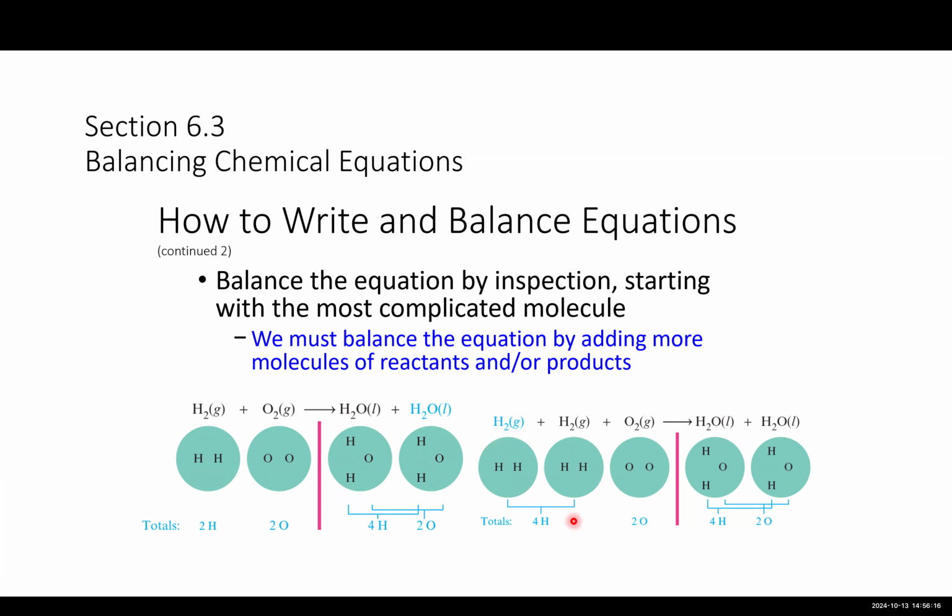So then there are a total of 4 hydrogen and 2 oxygen in the reactant side, and 4 hydrogen and 2 oxygen in the product side. So the numbers of all the atoms are matching between reactant and product.